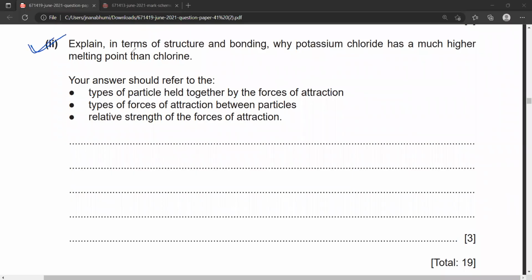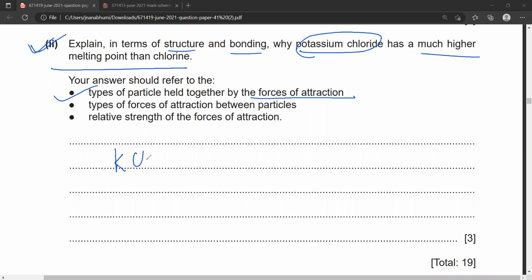Now next question is, explain in terms of structure and bonding why potassium chloride has a much higher boiling point than chlorine. Type of particle held together by force of attraction: potassium chloride has an ionic bond. Due to the ionic bond, melting point and boiling point are high.